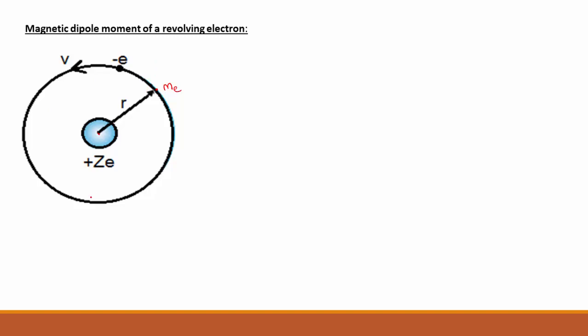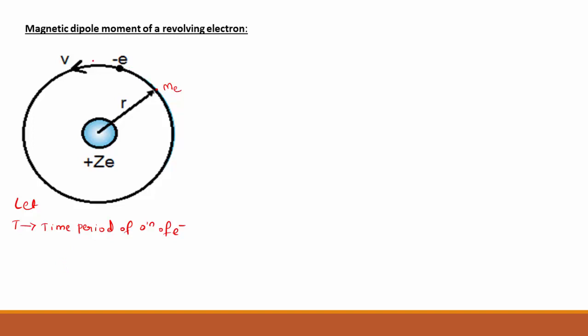In this condition, when the electron is revolving around the nucleus in a circular orbit, T is the time period of revolution of the electron.